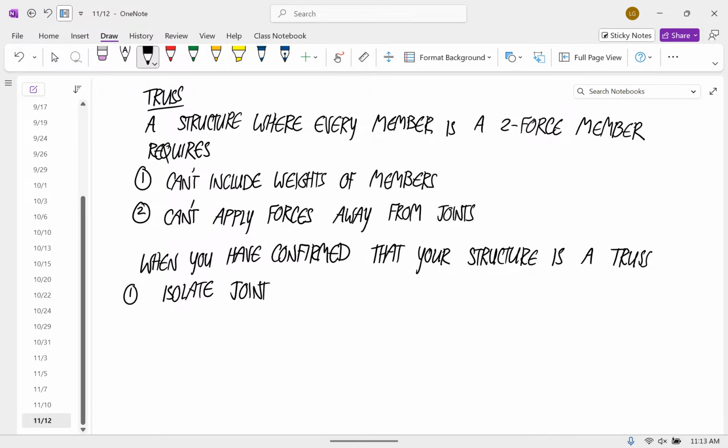We've always isolated the members, but in this case, we're going to isolate the joints one by one, assuming that each member is in tension. So basically, you'll treat each member like it's a cable connecting joints.